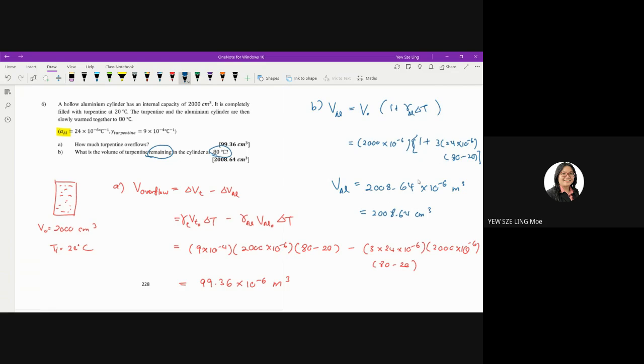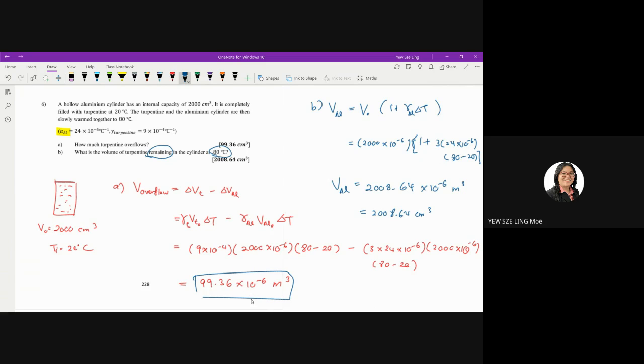So you want the final volume of the cylinder, not the final volume of the liquid. Why? Because if you take the final volume of the liquid, that is definitely larger than 2008 cm cubed. Because some of the liquid, this amount of liquid, is overflow, right?